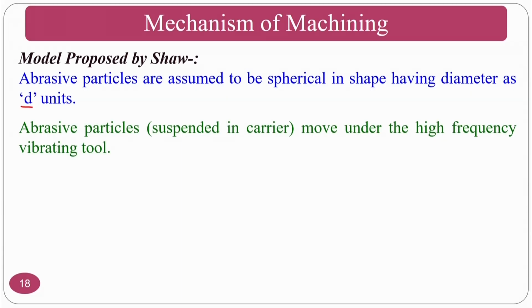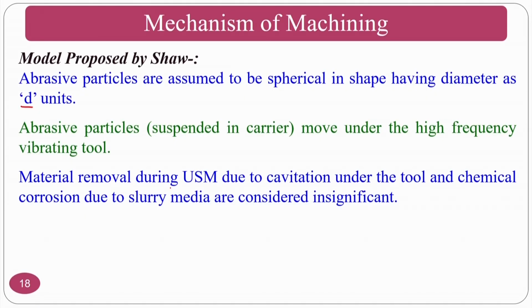Practically it is not so, but for simplification of the model we assume that all the particles reach beneath the tool, where the kinetic energy is transferred from the tool to the abrasive particle.